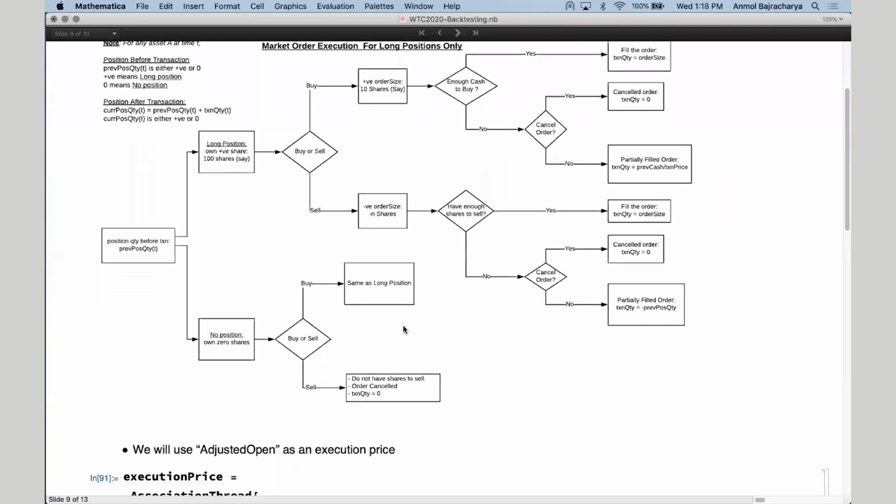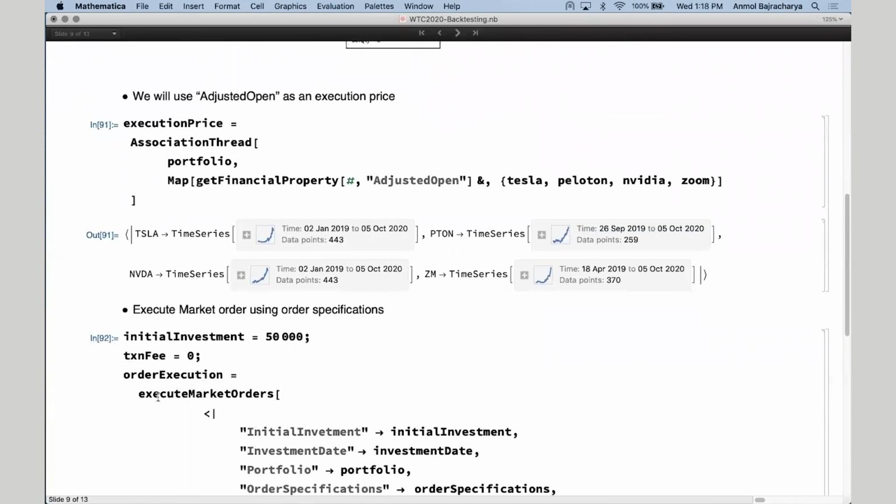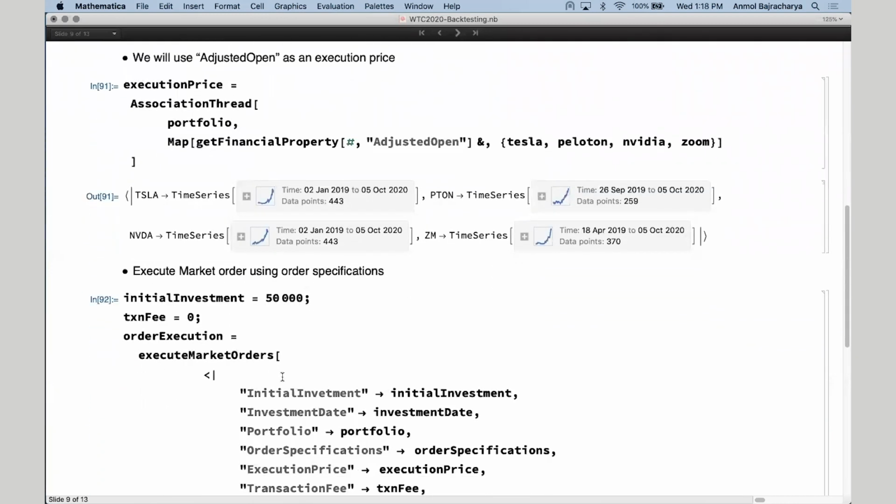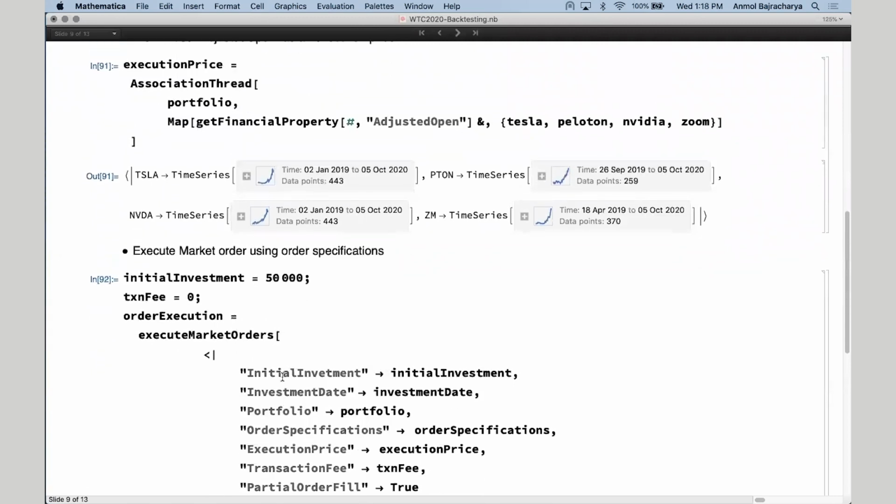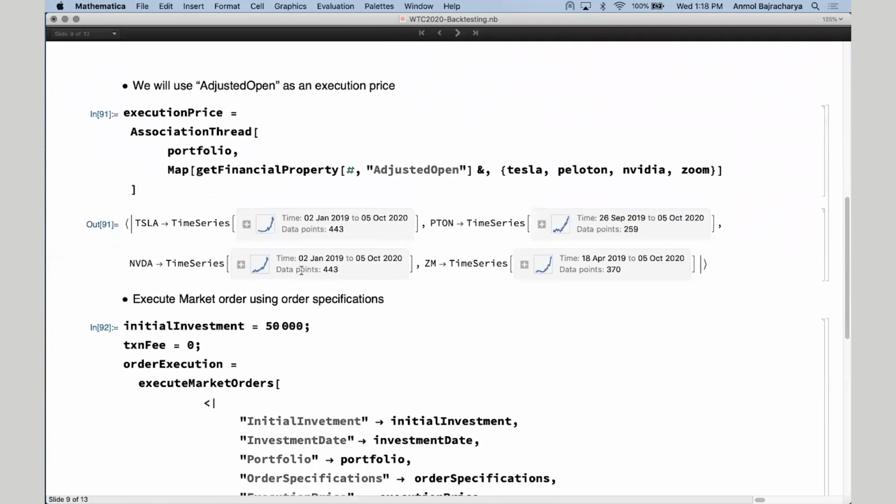And this logic is implemented here in this execute market order function. And here for execution price, I'll be using the adjusted open. This was discussed in the assumption.